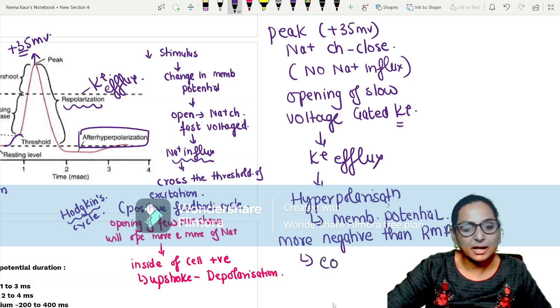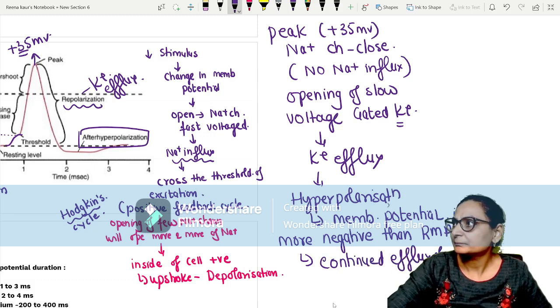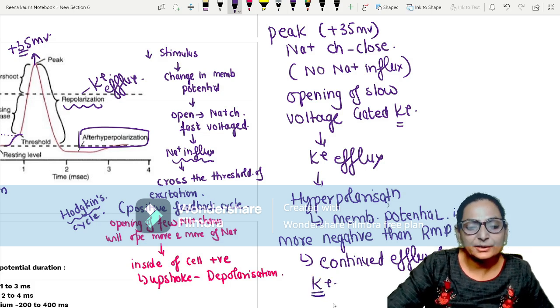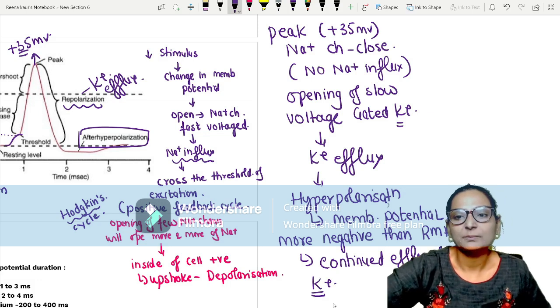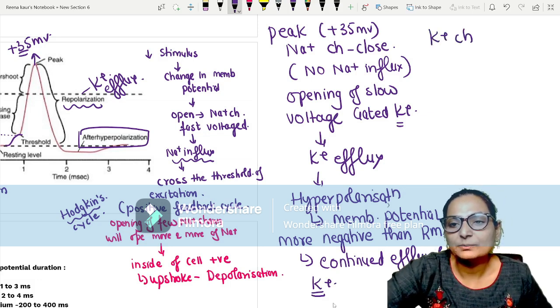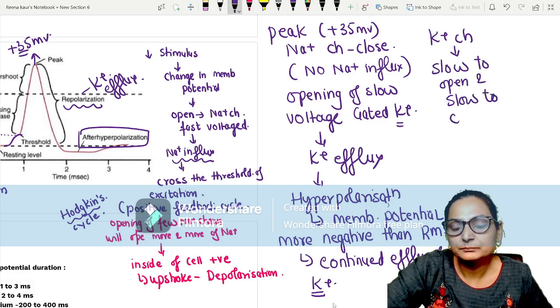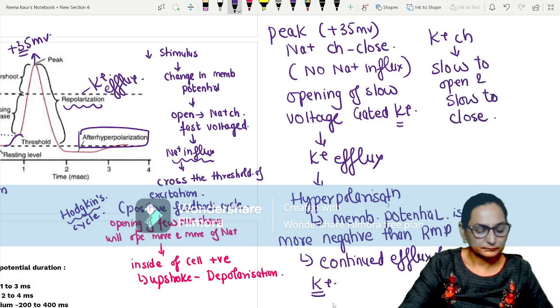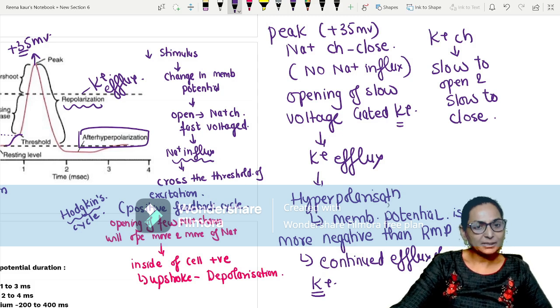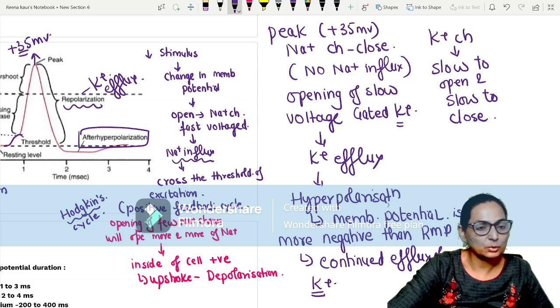So there is a continued efflux of potassium, because the potassium channels are slow to open and slow to close. Right? Slow to open and slow to close.